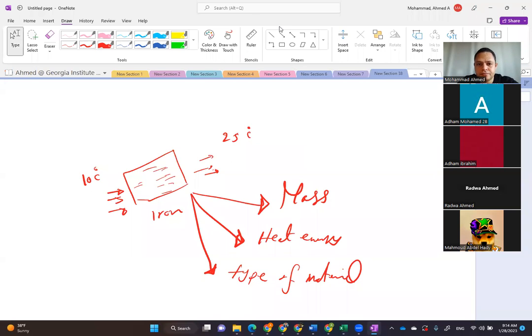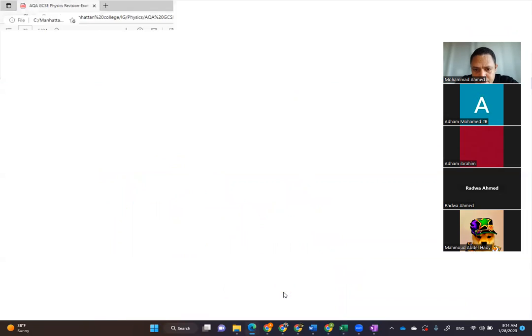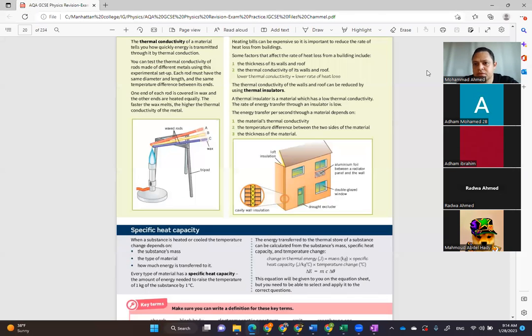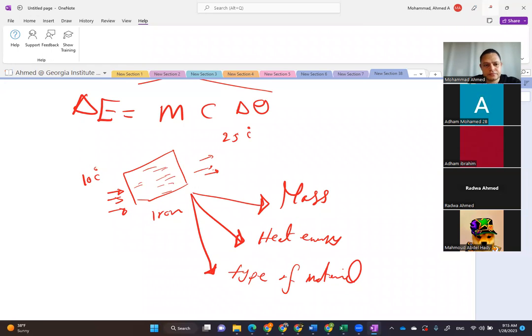So for the specific heat capacity, I need to choose the same symbol as you have. It's delta E equals m c delta theta. This is the equation we have to know.